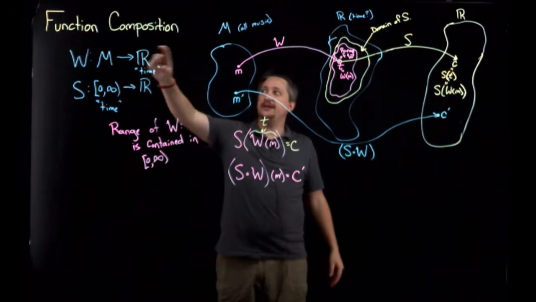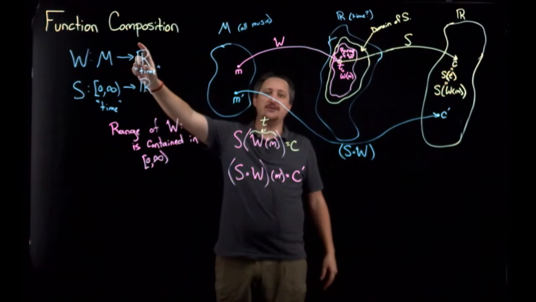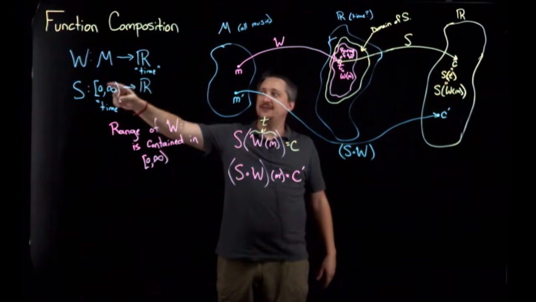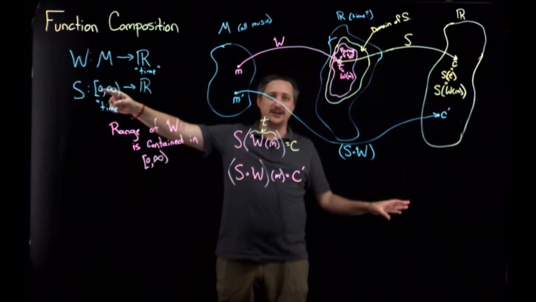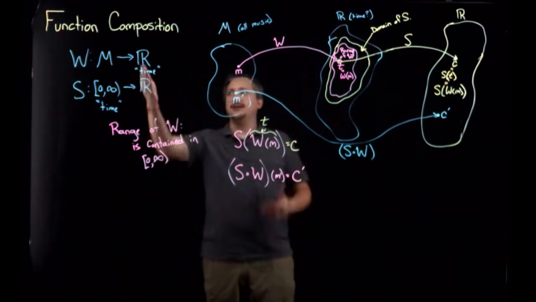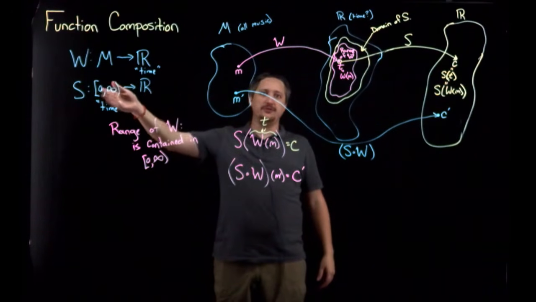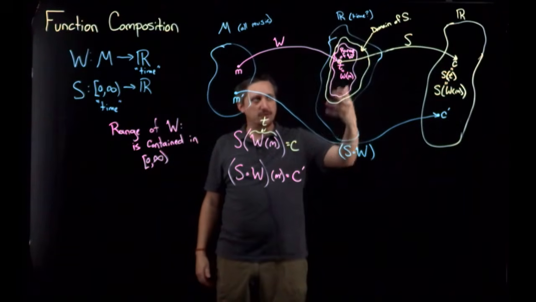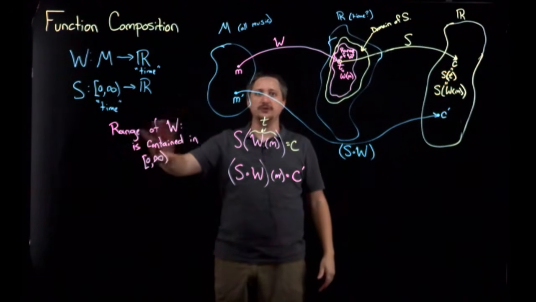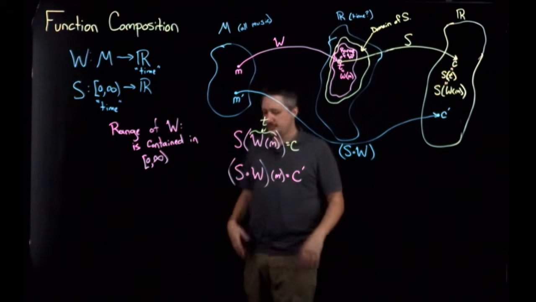If I had written as codomain 0 to infinity instead of R, I would know that has to include the actual range, and since the codomain is included, I don't have to worry about anything. It's already done for me. Whereas if R is not a subset of this domain, then I have to figure out if the range of W is smaller, which is why I had to do this little bit over here, okay?